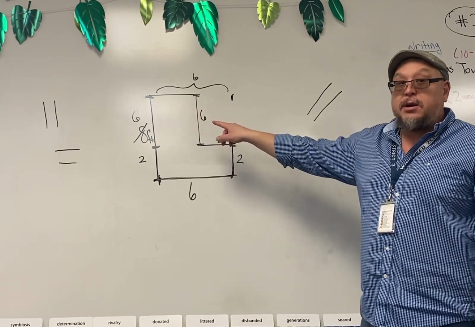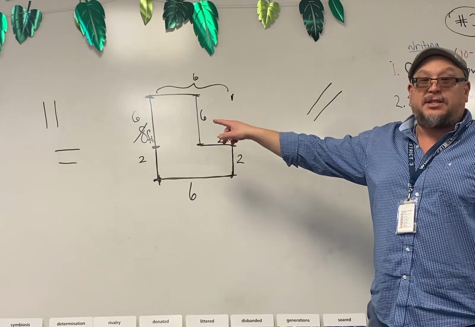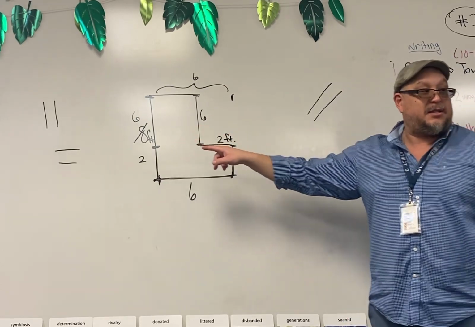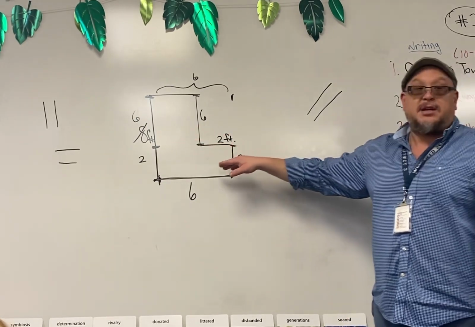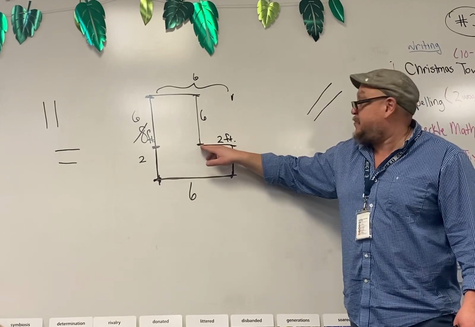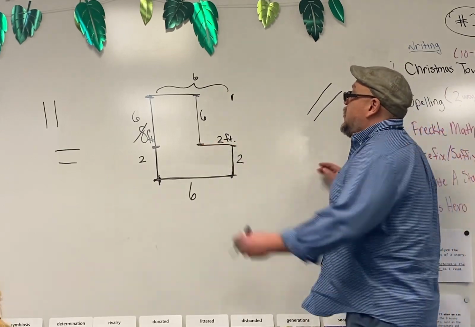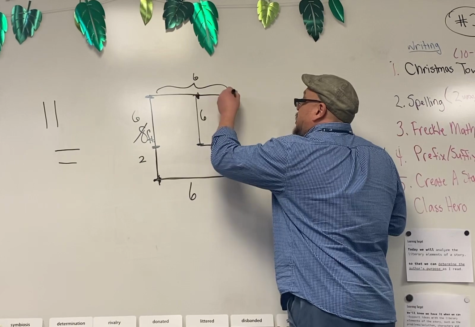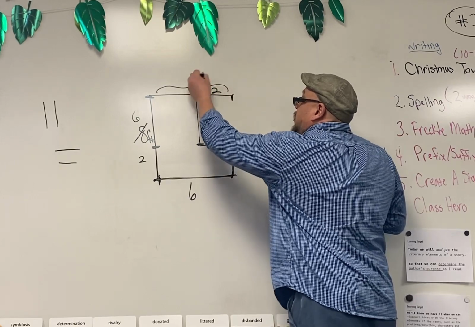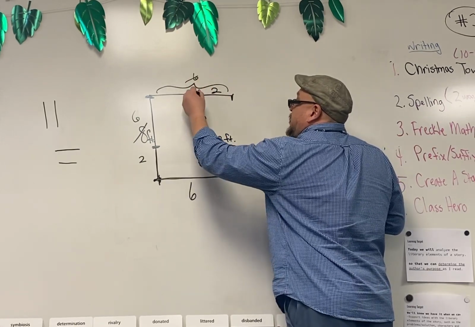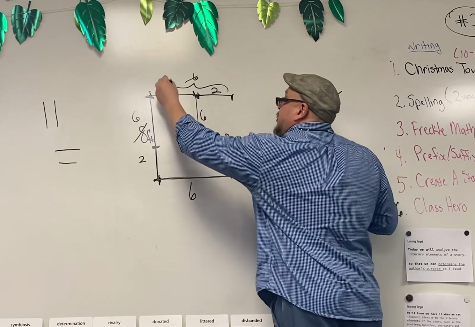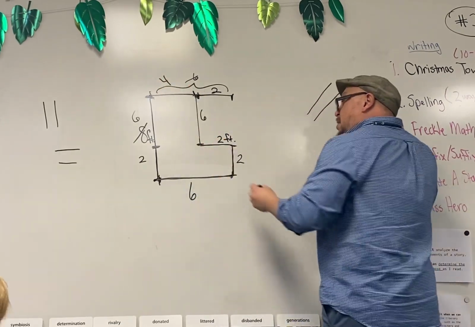But what other line goes the rest of the way? The 2 right here. Right, the other 2 right here. See? So we know from here to here it's 2. So if we take that away from this 6, that means from here to here is what? 4.